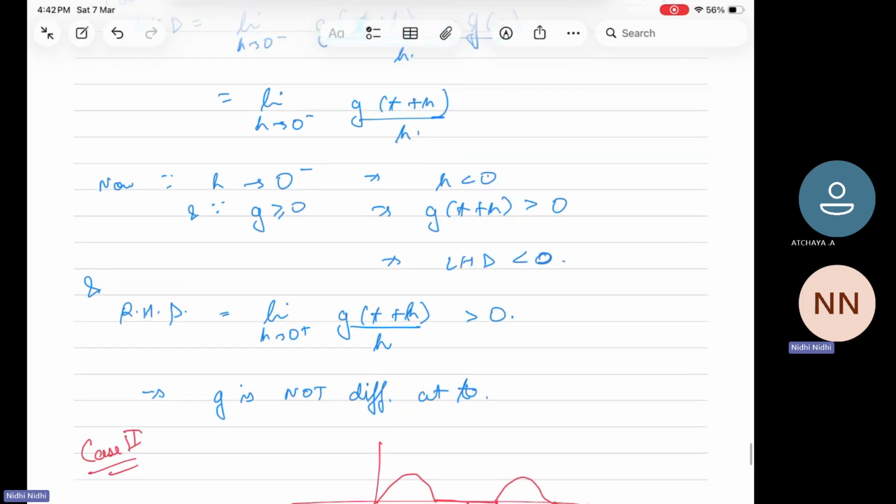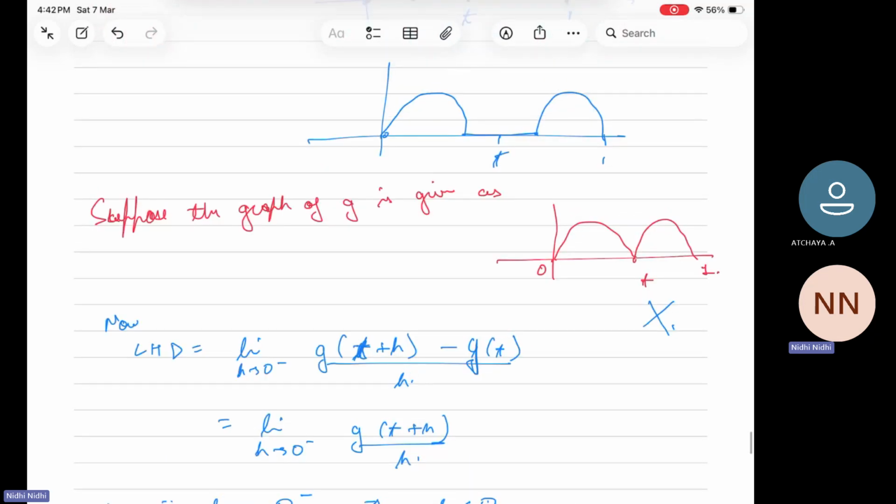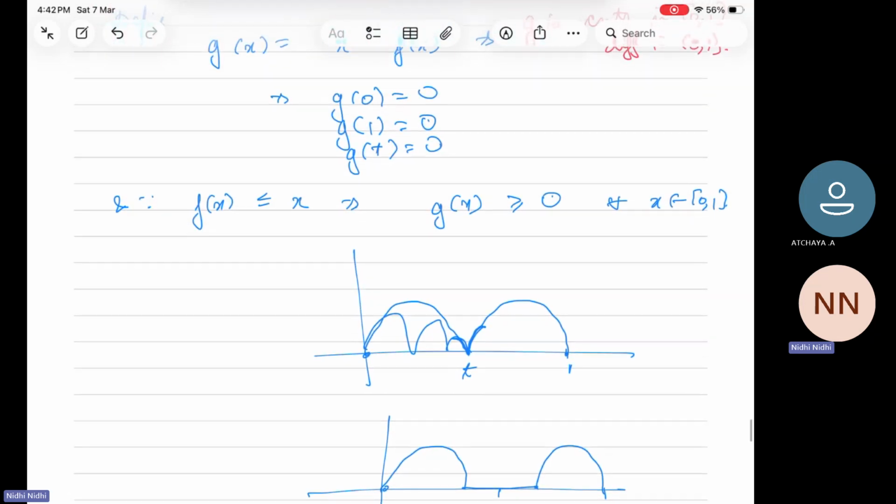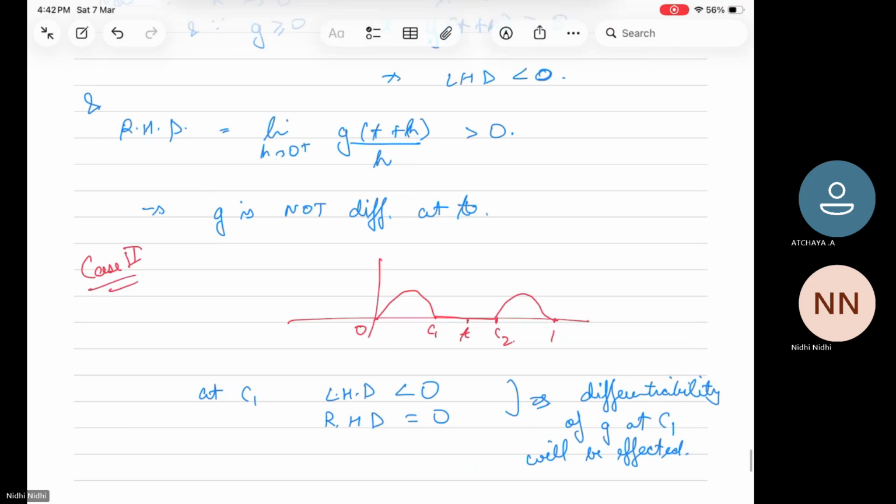Therefore, the only possibility for the function g to be differentiable everywhere is that it should at some point come to the fourth quadrant. That means its value should be negative at some point.